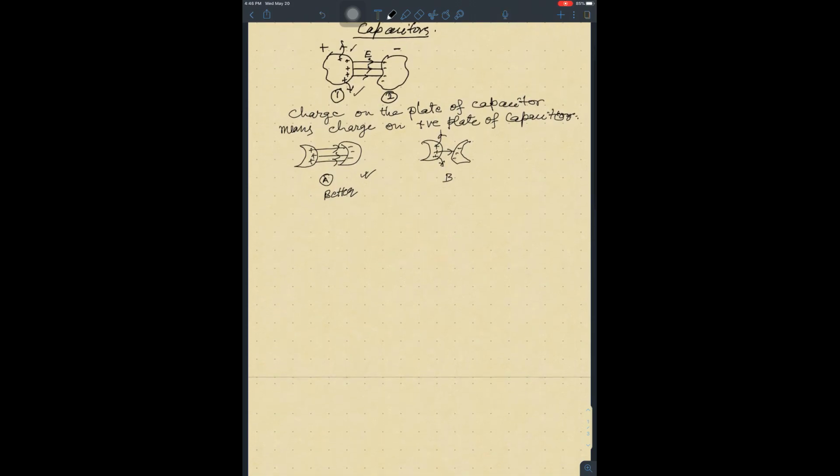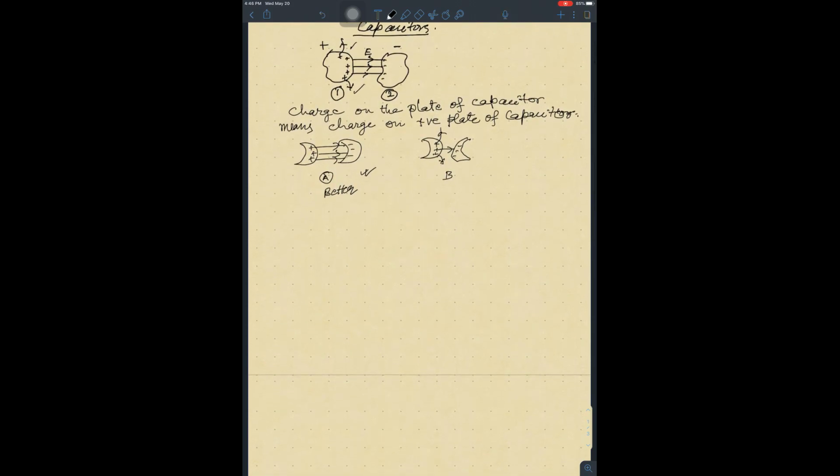Now what I would like to discuss is the best arrangement, which is the parallel plate capacitor. The best arrangement is the parallel plates. Why? Because if we consider parallel plates, you will observe that the wastage of lines of force will be minimum.